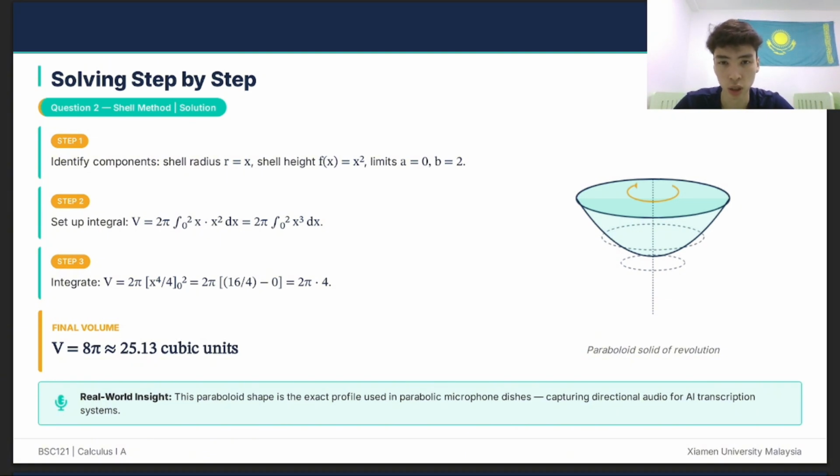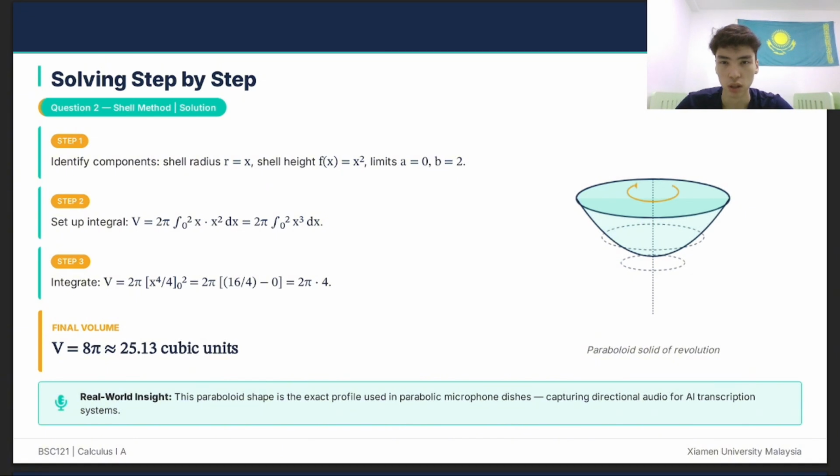In step 3, we integrate it. The integral of x cubed is x to the power of 4 over 4. Evaluating this from 0 to 2 gives us 2π times 2 to the power of 4 over 4, minus 0, which equals 2π times 16 over 4, which equals 2π times 4.